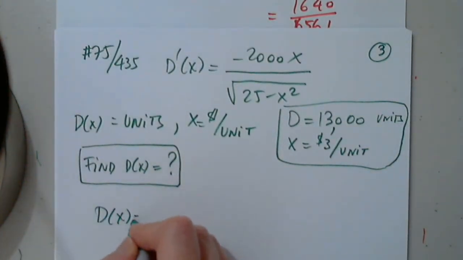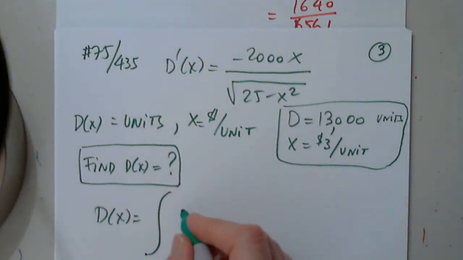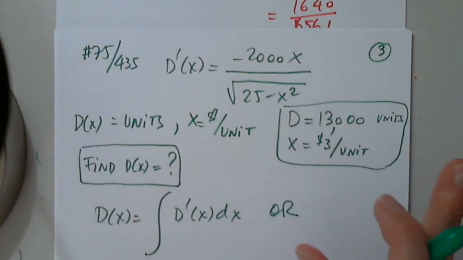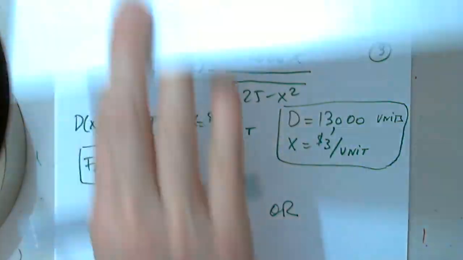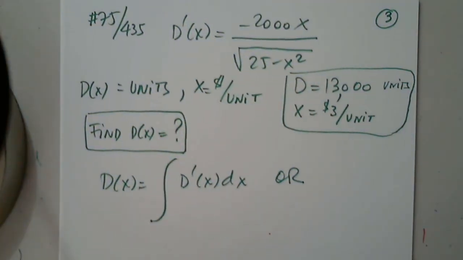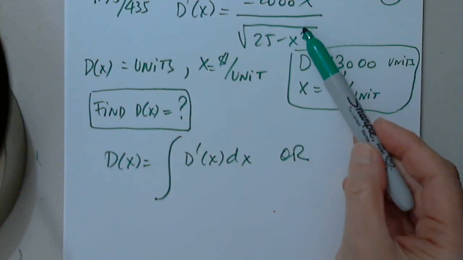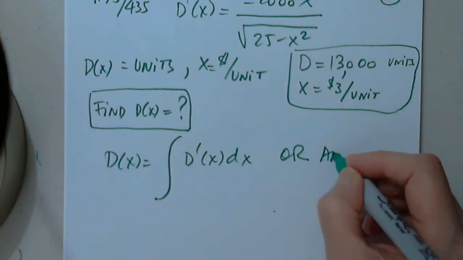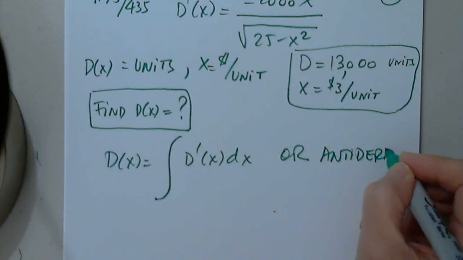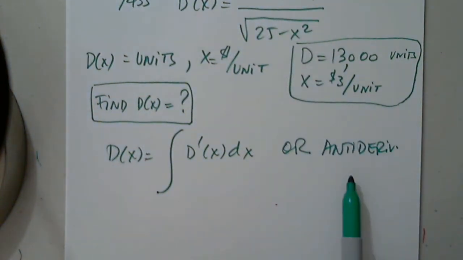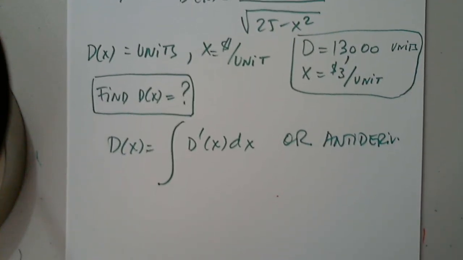So d of x is basically the indefinite integral of d prime of x dx, exactly what you just said, the antiderivative. But this situation requires substitution. I will not be able to find the antiderivative snapping my finger.